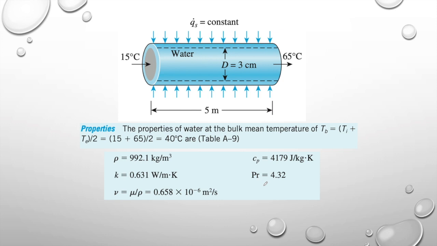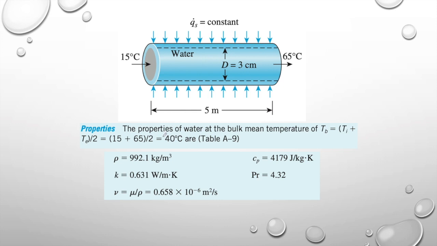So this is the question figure, and we have 15 degrees Celsius fluid temperature entering this 5 meter long pipe and then exiting at 65 degrees Celsius. So we have an electrical heater constantly heating the water inside, the fluid inside. The diameter of this tube is 3 centimeter.